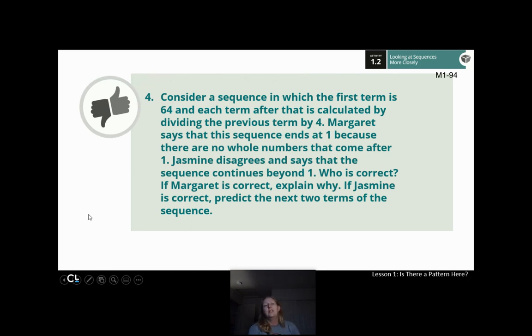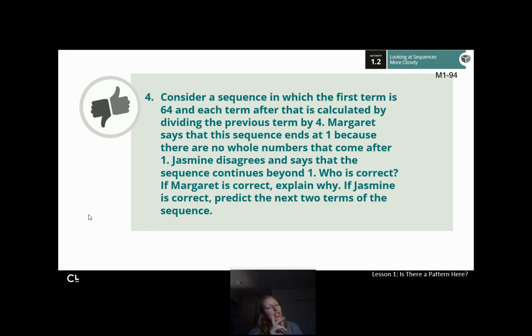So I would like you to consider a sequence in which the first term is 64, and each term after that is calculated by dividing the previous term by 4. So Margaret says that this sequence ends at 1 because there are no whole numbers that come after 1.